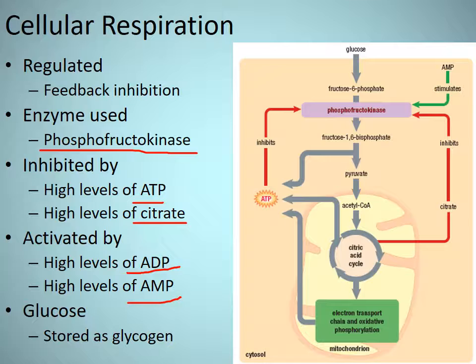So essentially, phosphofructokinase is regulated as a result of if there's a lot of ATP or if there isn't a lot of ATP. Phosphofructokinase is the enzyme that's found in glycolysis. Again, when there's an excess of glucose, we know that glucose will be stored as glycogen.